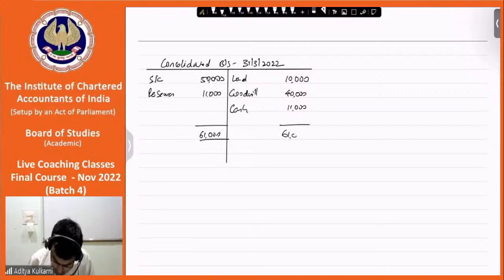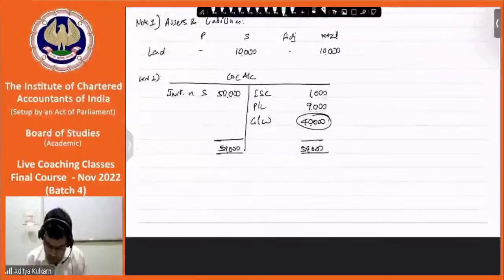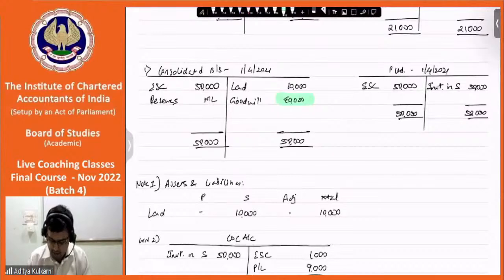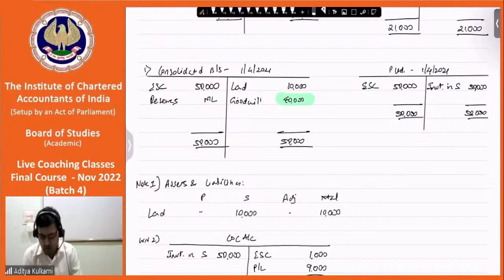So in both cases, I will be showing a goodwill of 40,000, from the COC account, whenever you do it, 1st April or 31st March. My question is, what is the problem in this consolidated balance sheet?